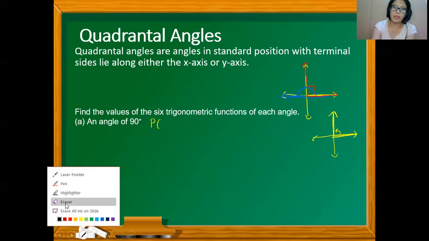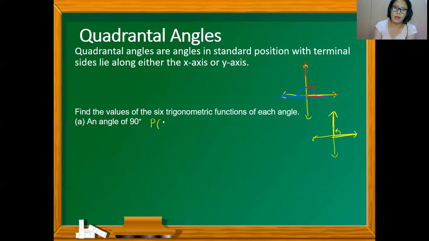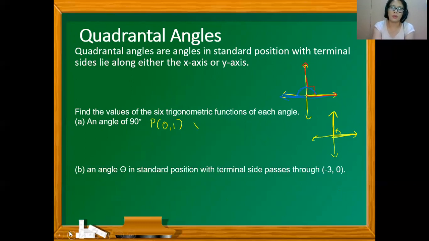If the point that we selected is 0, 1, it follows that x is equal to 0 and y equals 1. So r here is equal to 1 as well, using the formula for r. This is the square root of 0 squared plus 1 squared, right? So this is 1.